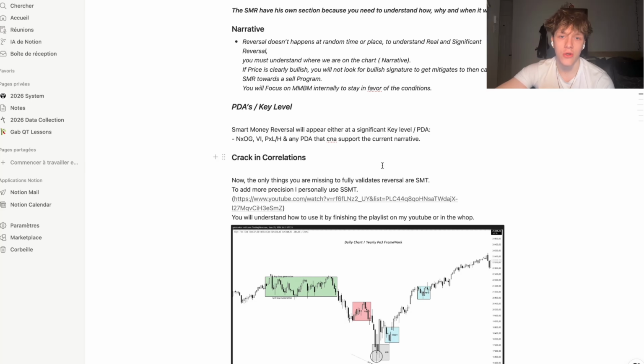So a smart money reversal would appear either at a significant key level PD array, NWOG, NDOG, volume imbalance, previous week low, previous daily low, previous month low, previous year low, whatever, previous something low or high, and any PD array that can support the current narrative. So it can be a 1 hour order block, can be a 1 hour PD array. Just follow the time frame alignment that I will talk about after.